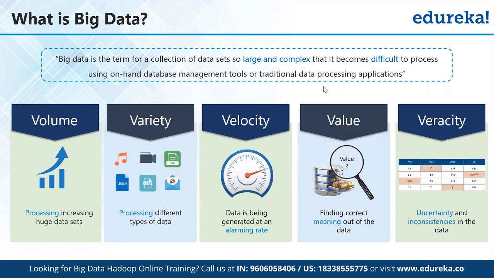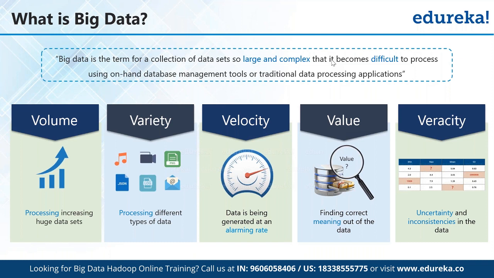So what is big data? Big data is about volume, velocity, variety, value and veracity. Volume is about data which is quite huge, data which can't be processed using existing, traditional systems. For example, a typical MySQL or RDBMS Oracle system.